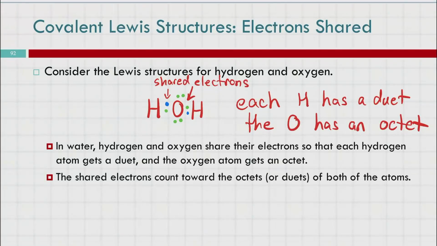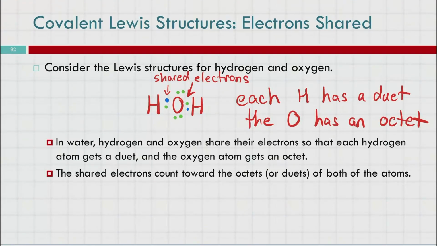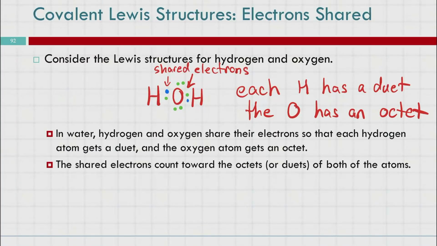So they're all happy, little air quotes, because atoms don't have feelings, but we think of it as them being happy. They're stable. And that is the structure of water, H2O.